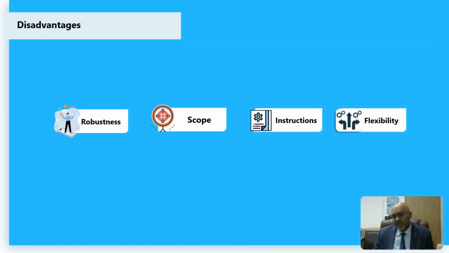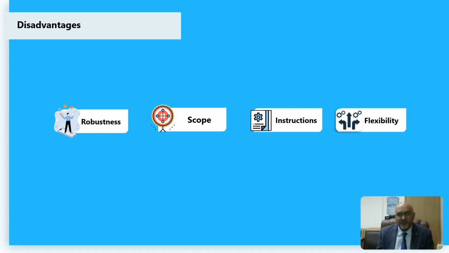Well, despite having advantages, there are certain disadvantages of prototypes. They lack robustness. They involve small scale functionality, and even when dealing with paper prototypes, they lack aesthetics.